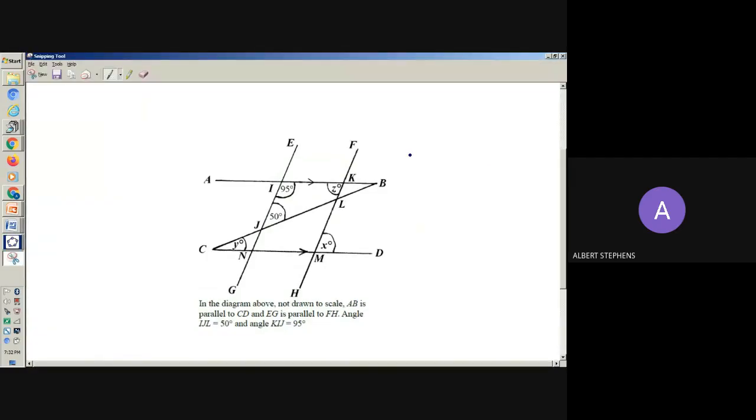Let me give you a few minutes to just digest this. Don't try to draw this diagram here. Just look at it.